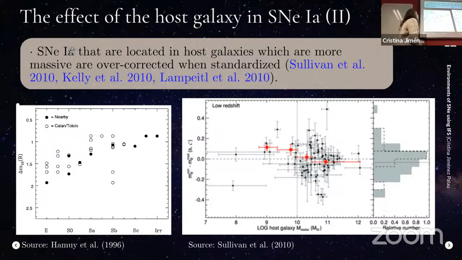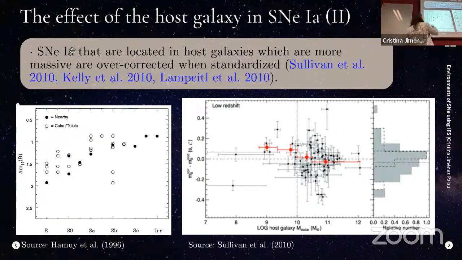One of the first things that was important to know is that supernovae that are in more massive galaxies are overcorrected when we do this standardization. So let me explain a bit what I'm saying. Here you can see the magnitude, well, this is the delta 15, but it should mean the same.